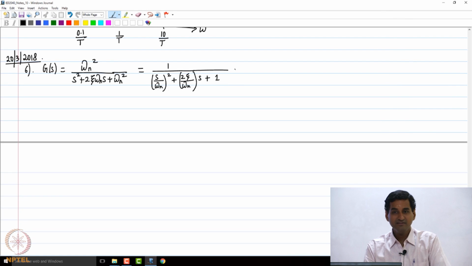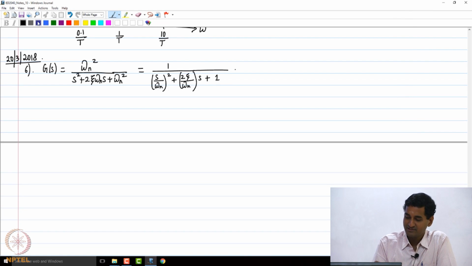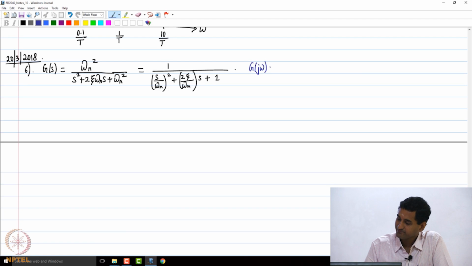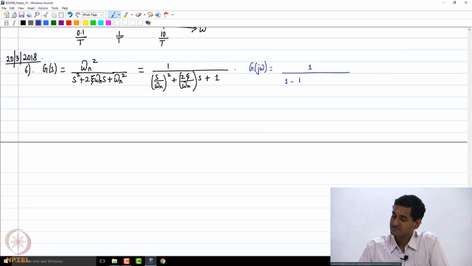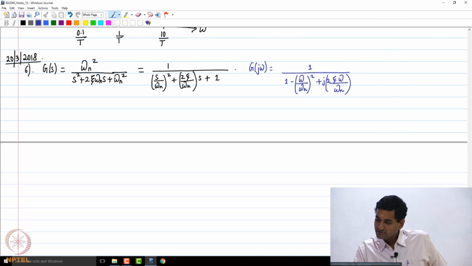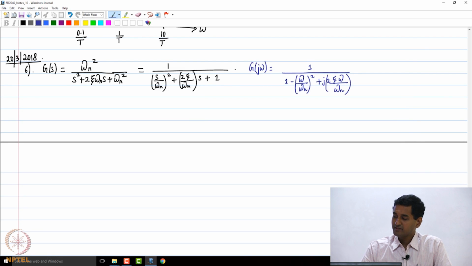If I calculate G of j omega, I would get 1 divided by 1 minus omega by omega n whole square plus 2 zeta omega by omega n j, right. So that is what I will have.